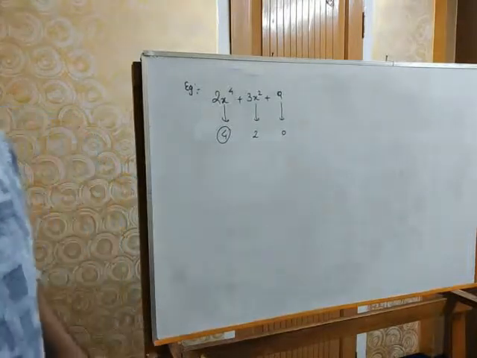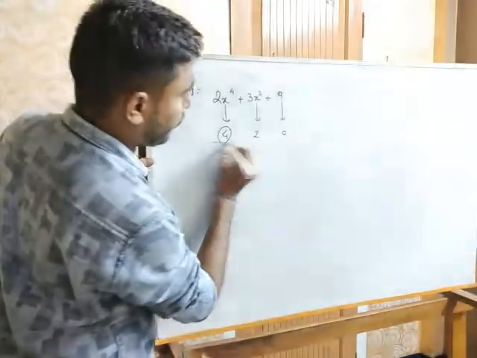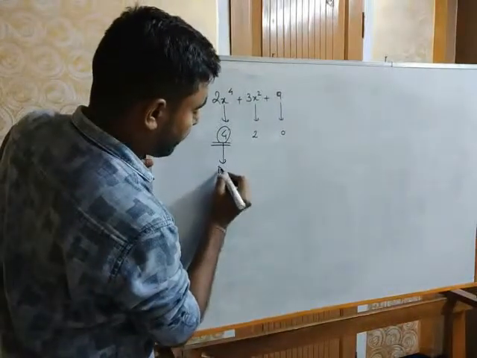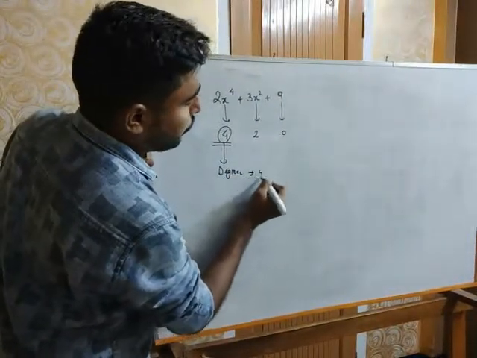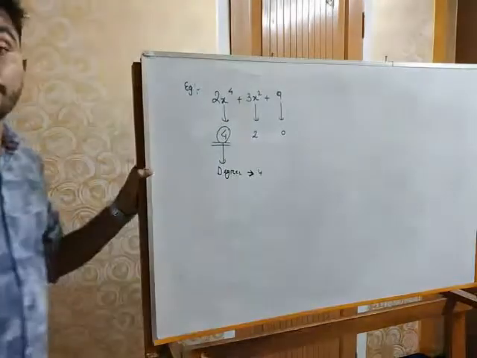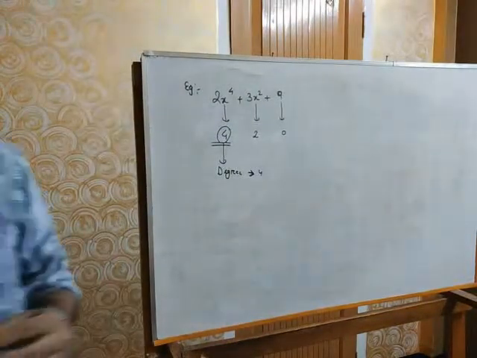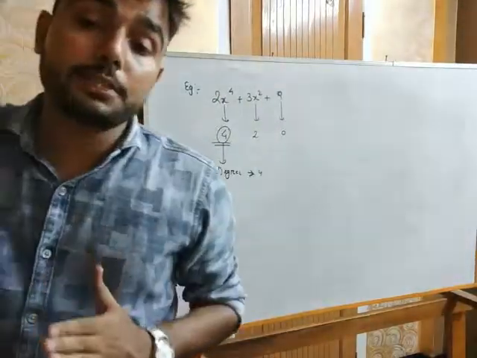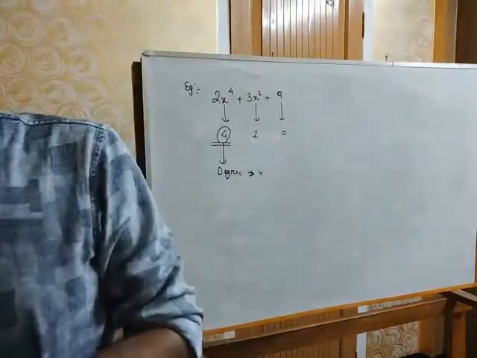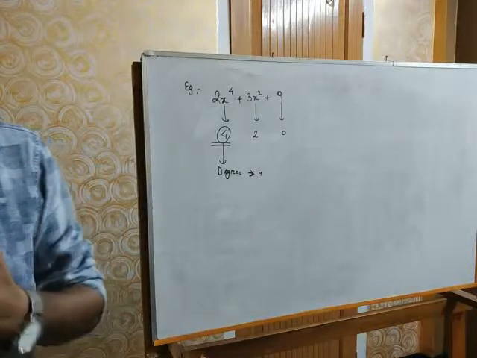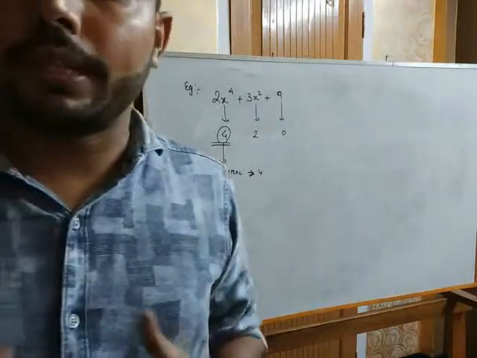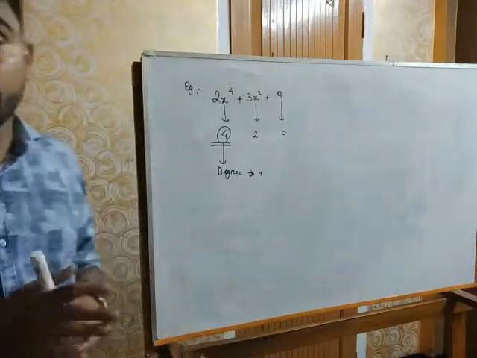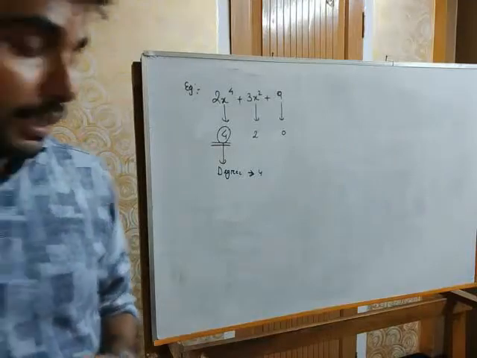So the highest power is 4, so the degree will be 4. Did you get my point? Degree is the highest power among the terms of the algebraic expression, and that will be the degree of the algebraic expression or polynomial. Clear?